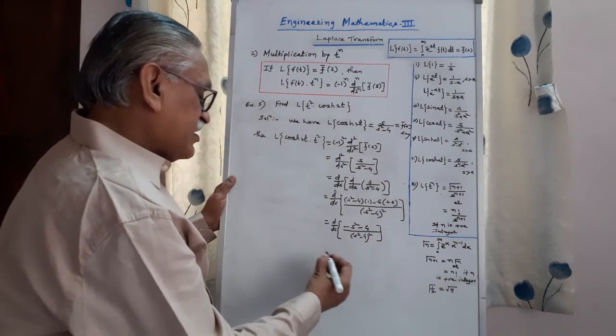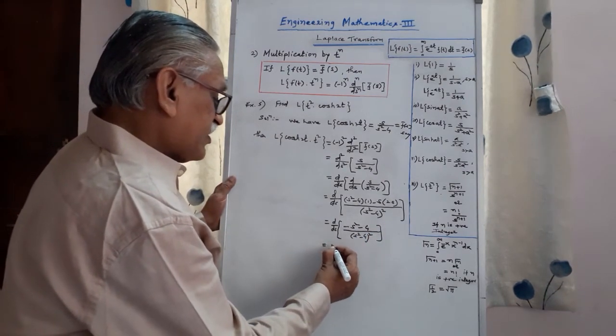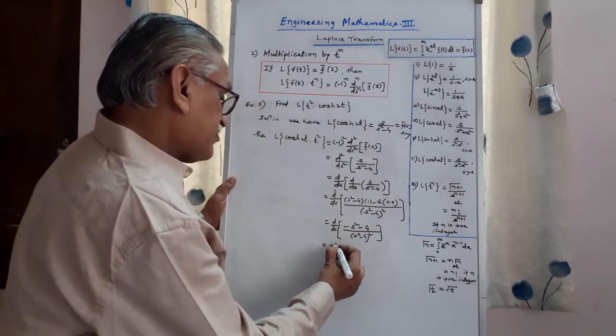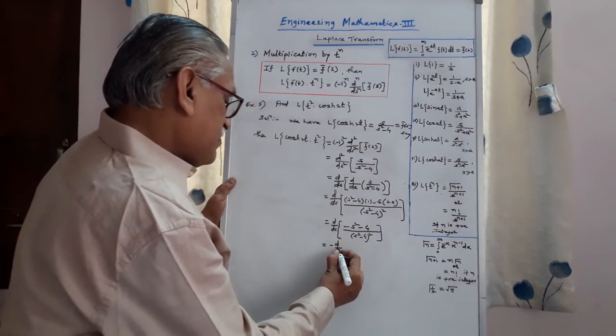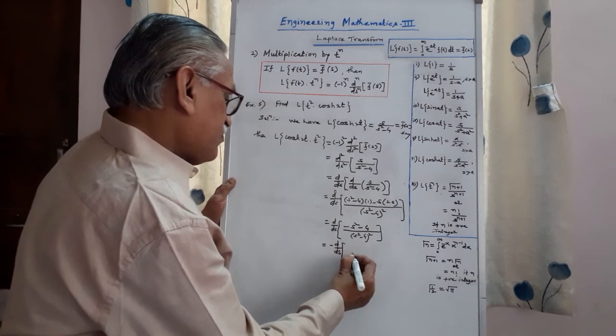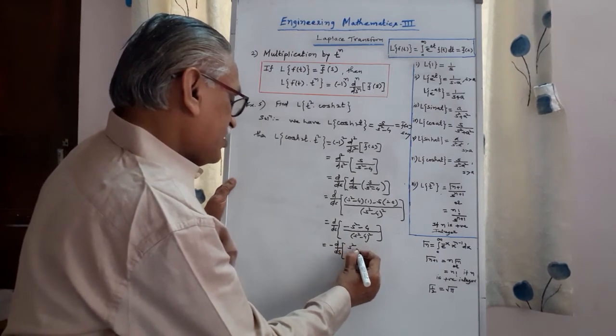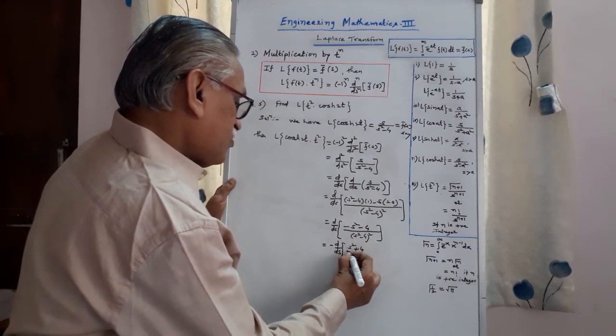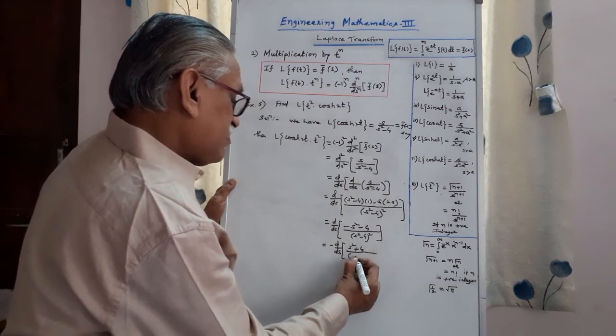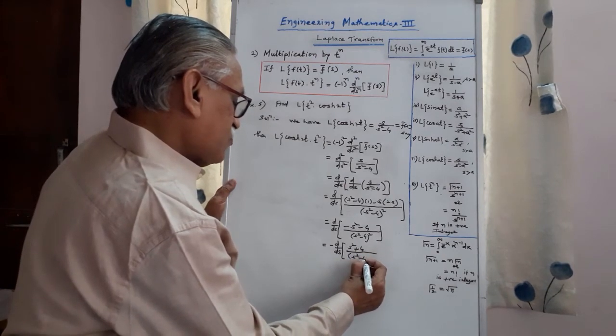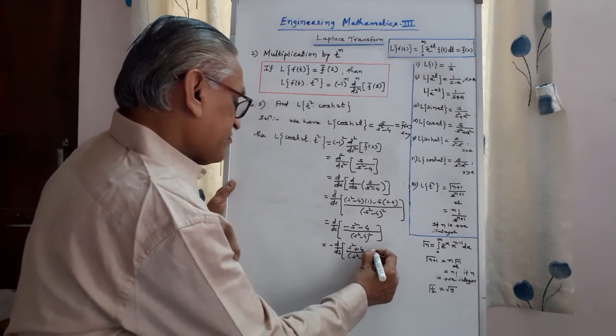I can take minus sign outside, therefore it is minus d by ds of s square plus 4 divided by s square minus 4 bracket square.